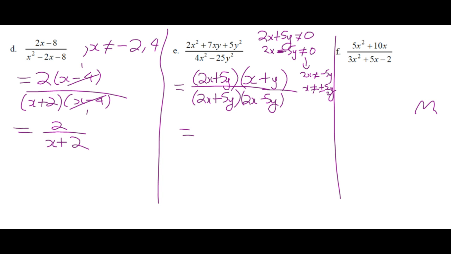So x cannot be plus or minus 5 halves y. I'm not too terribly worried about that. I think just saying 2x plus 5y can't be 0 and 2x minus 5y can't be 0 is good enough. Neither this nor this should be 0. And these guys cross off, and we're left with x plus y over 2x minus 5y.